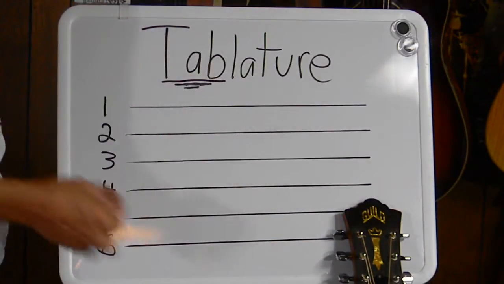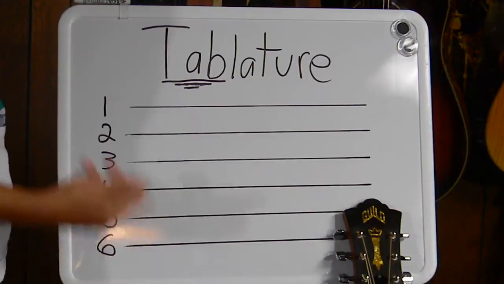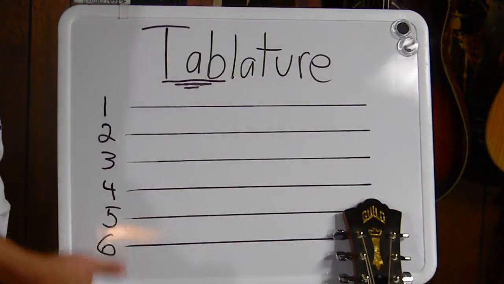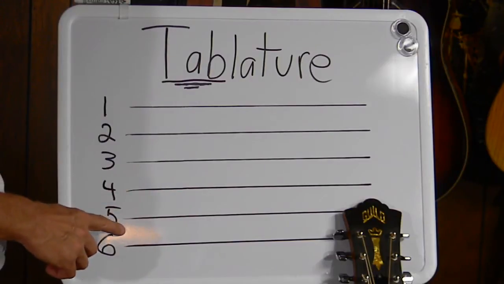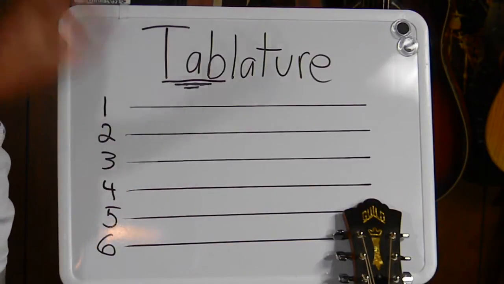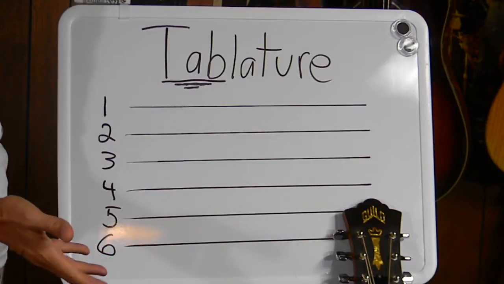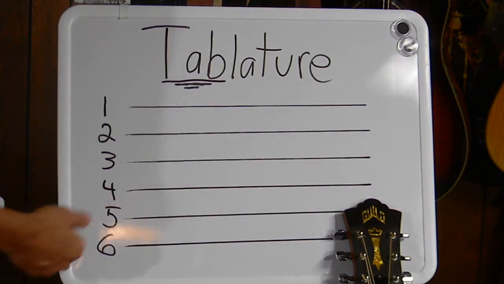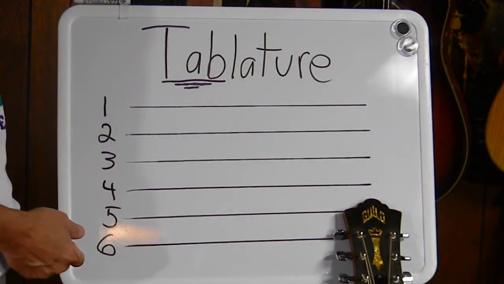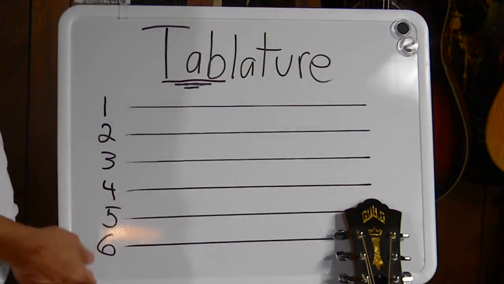I really like that word, horizontal. 6 horizontal lines. Each line represents a string on the guitar, because the guitar has 6 strings.